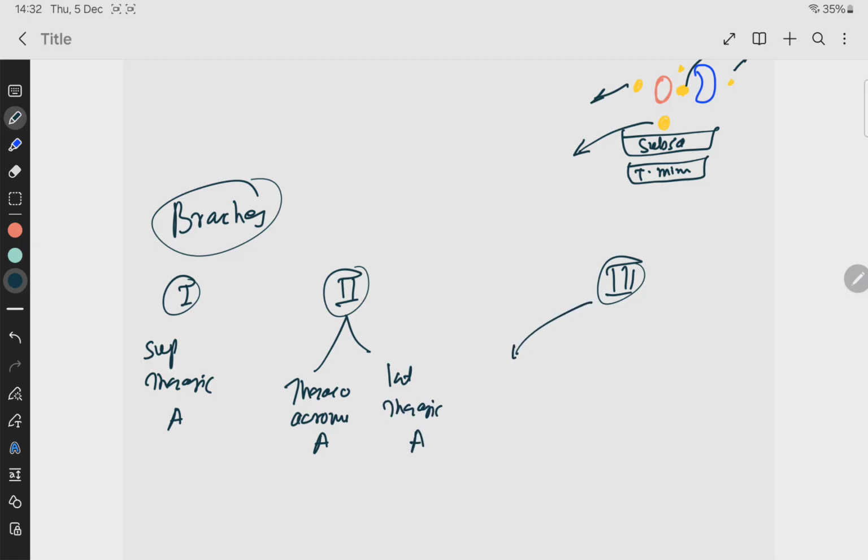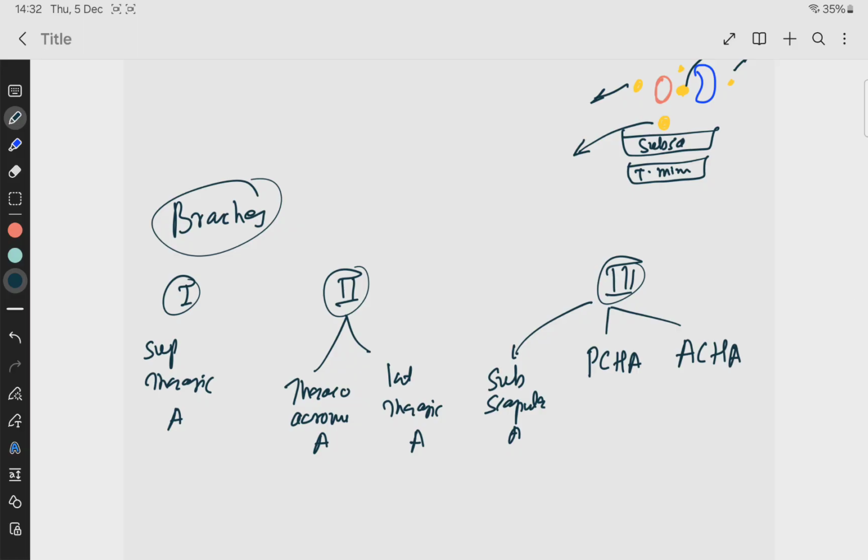The branches coming from the third part are three: the subscapular artery, the posterior circumflex humeral artery and the anterior circumflex humeral artery. So the first part of the axillary artery gives one branch, the second part gives two branches, the third part gives three branches.